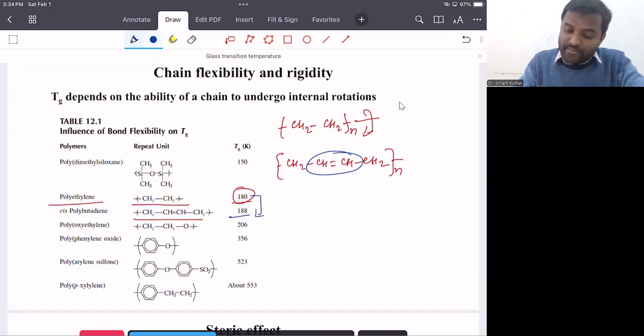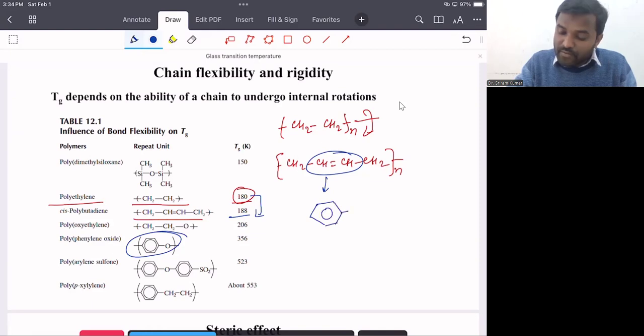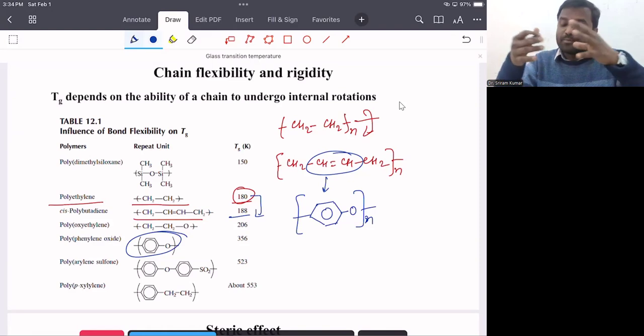And that can be further increased if you use a bulky group here, maybe a benzene ring, if you have this kind of structure. As compared to the simpler carbon, the benzene is a bulky group.